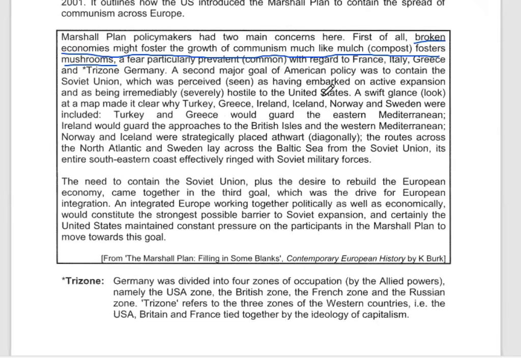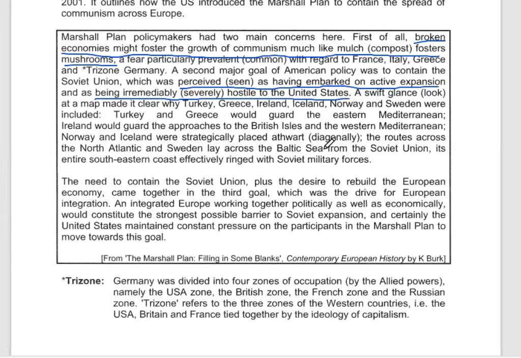So the two reasons here: it was perceived as having embarked on an active expansion. That is reason number one. It needed to be condemned because it was perceived as having embarked on an active expansion. And it was also seen as being irremediable or severely hostile to the USA.